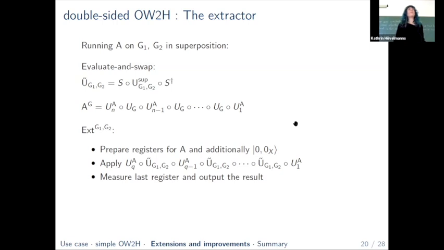The first register will just contain a 0 bit, and the second register will contain the 0 of the set X. And instead of running A interwoven with the oracle unitary, we will now run A interwoven with this evaluate and swap unitary. And at the end, we measure the last register and output the result.